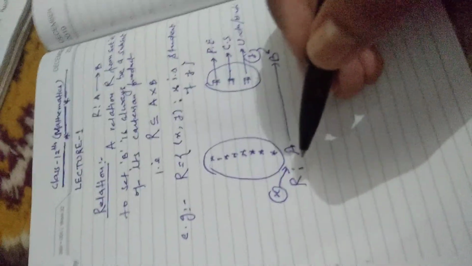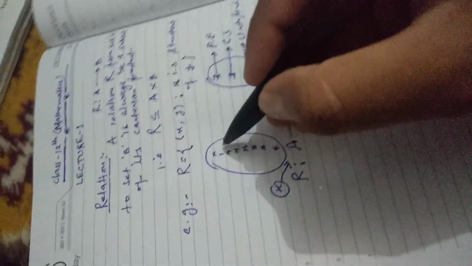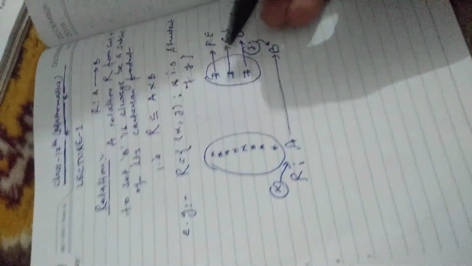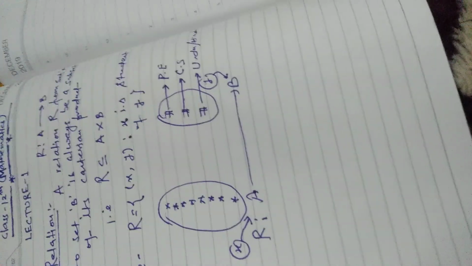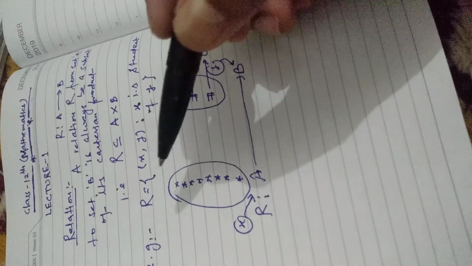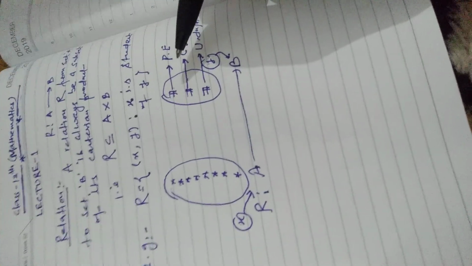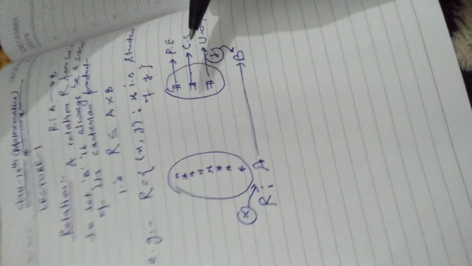So there are class 11th students. You know that these are subsidiary subjects; they are not compulsory subjects. So some stars are assigned to physical education and some stars to computer science.